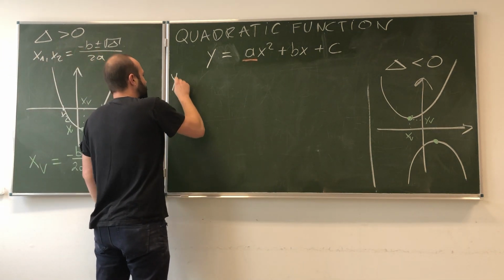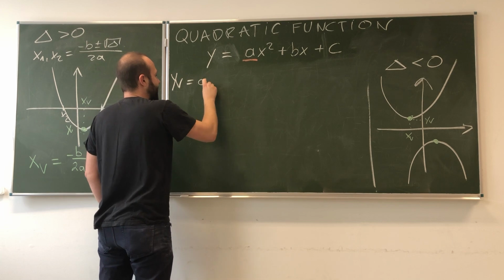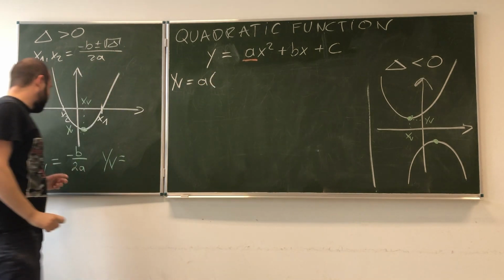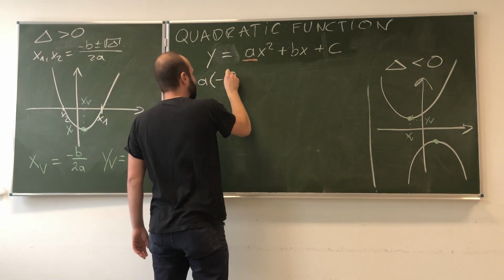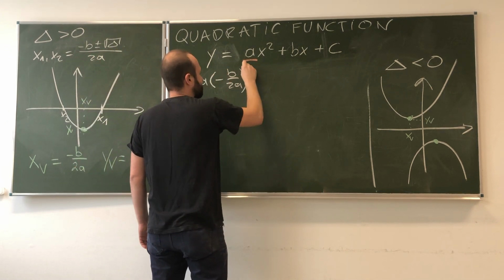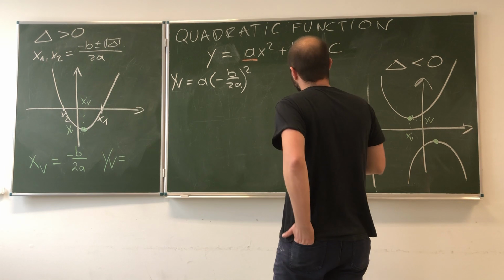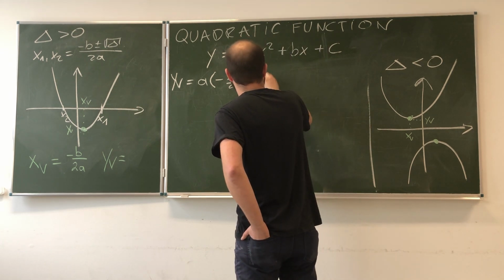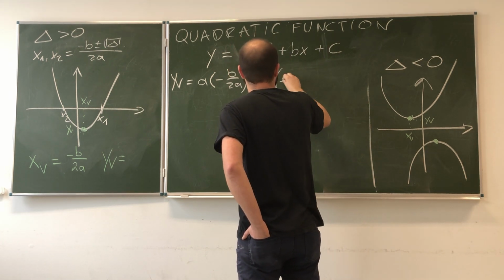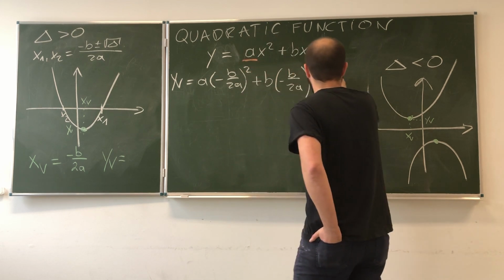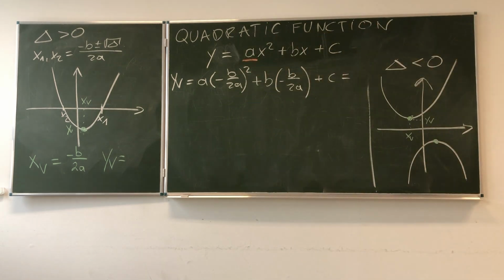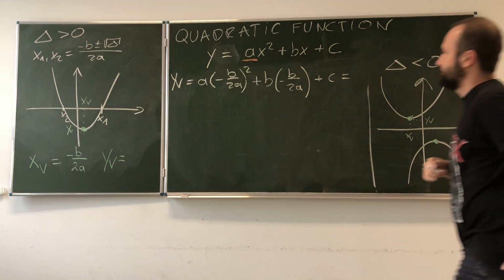So, in other words, y of the vertex is simply a, and now look, instead of x, I'm plugging in negative b over 2a. Now, here we have a square, plus b times negative b over 2a, plus c. Okay, let's calculate it all out.